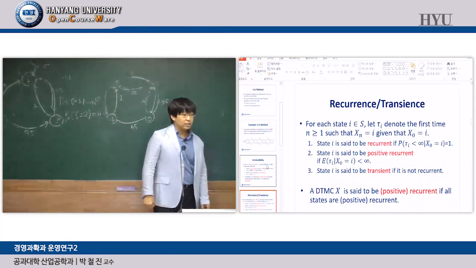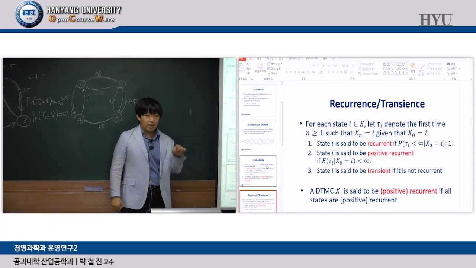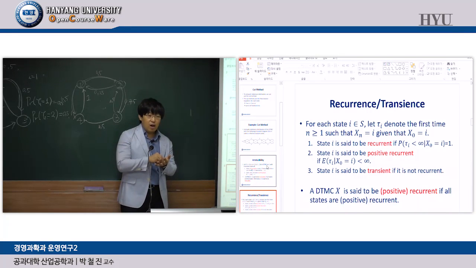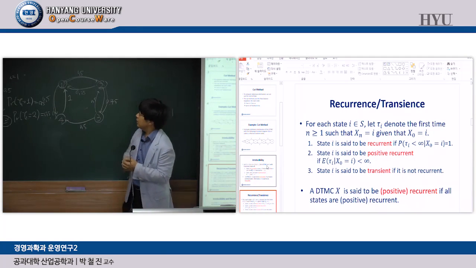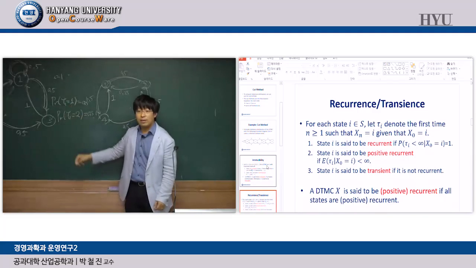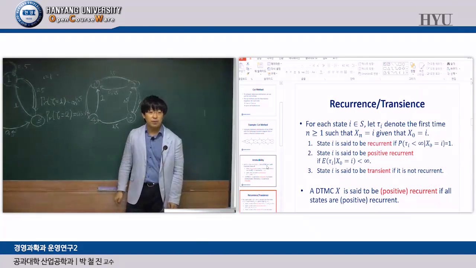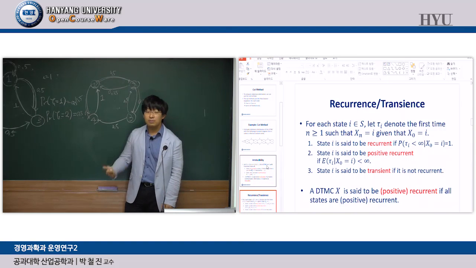So do you understand the meaning of tau I? When you start with I, how many steps does it take to first come back to the state I? This step count represents tau I. Actually, tau I is a random variable, not a deterministic number, because it depends on the transition probabilities.